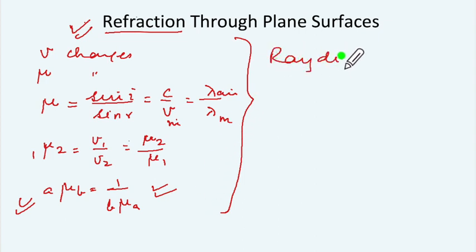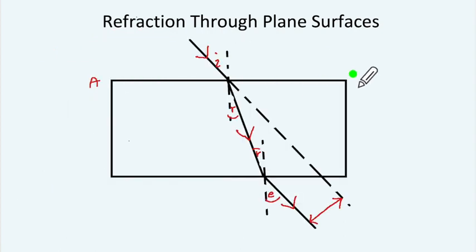The ray diagrams are extremely important. For the plane surfaces, you will have a diagram like this. There will be a rectangular glass slab like this. So we have air and this is glass. So we'll have the ray of light entering into the glass. So you will have it turning towards the normal.